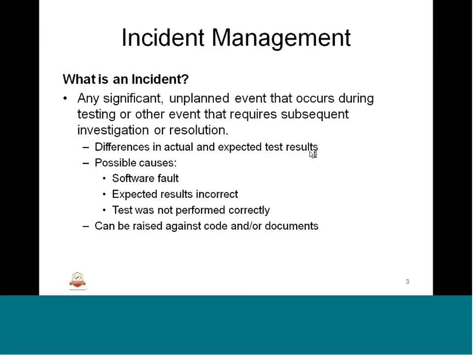So an incident could happen during testing, or in test case development, or in the test environment, or as a test planning deviation. While doing the execution we can get incidents. So it is up to the planning how we are going to define the incident, or if an event is unplanned, that also can be called an incident, and under incident management that has to be taken care of.